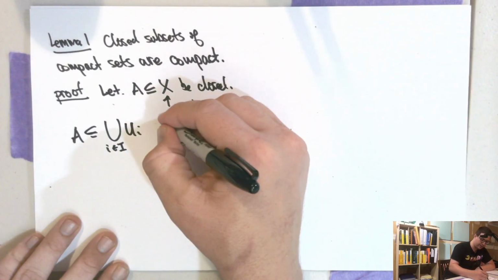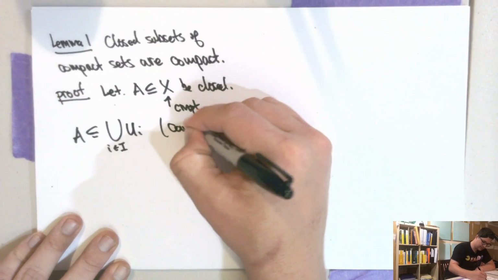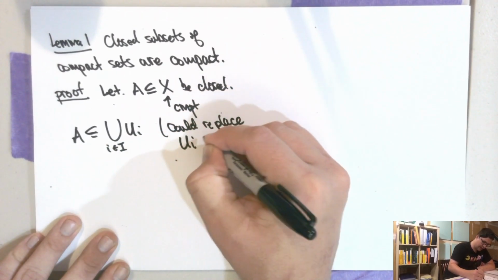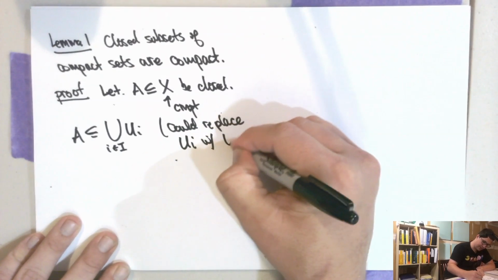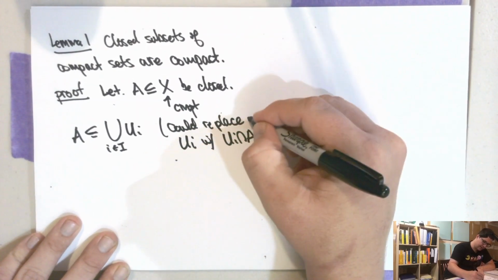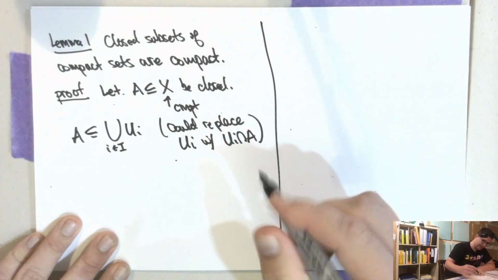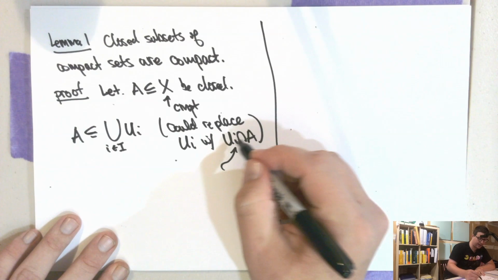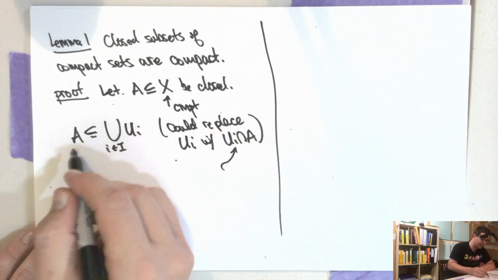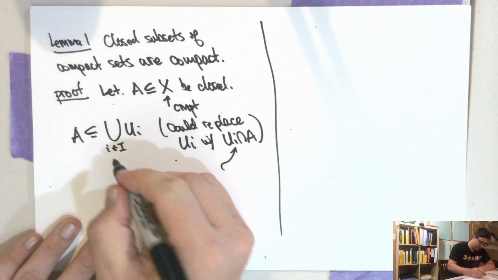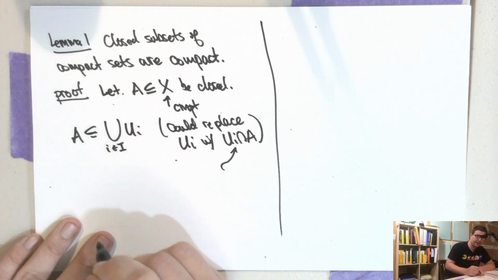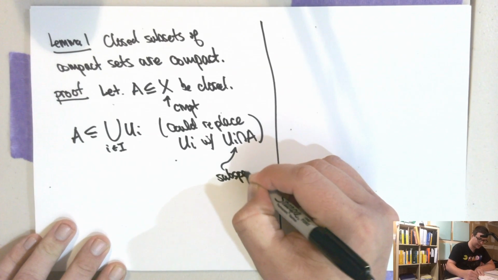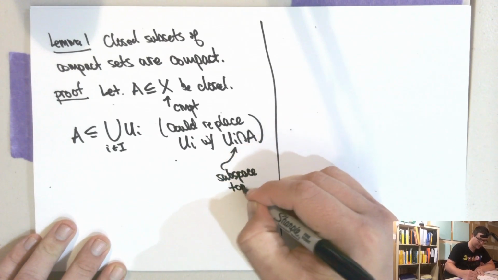We could have written U_i intersect A, because that's what the subspace topology is. It's these things, and so this would be a cover of this thing by opens, but it suffices to just talk about it like this. And so this is some arbitrary index set here. So this is the subspace topology that I want to remind you of.